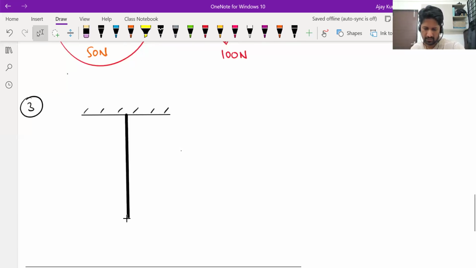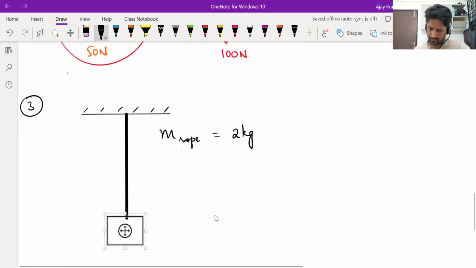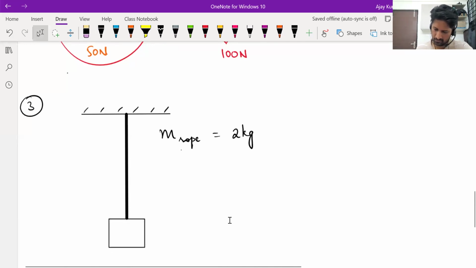Suppose there is a heavy rope. Okay, the rope has mass. Let's say the mass of the rope is 2 kg and a block is attached to it. Block mass you assume is 5 kg.